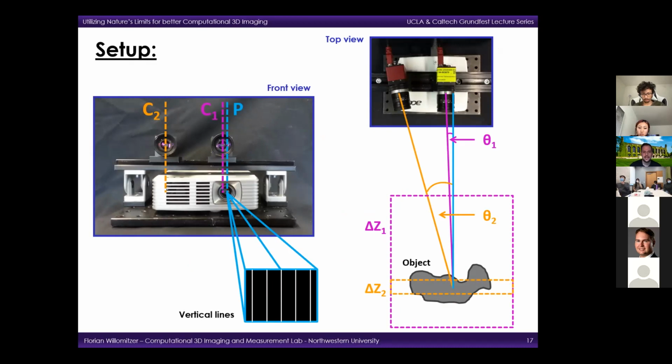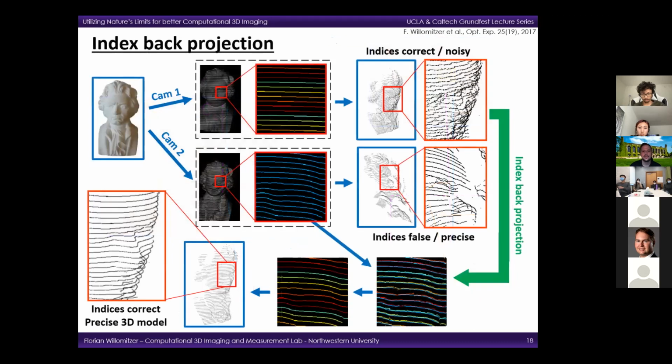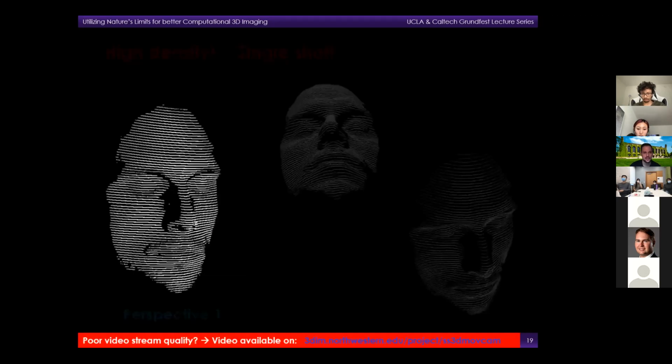The information of both cameras is then combined with an algorithm that we called the index back projection algorithm. Unfortunately, I have to skip this here in the interest of time, and I directly jump to the captured 3D model, but I'm happy to discuss this later during the questions.